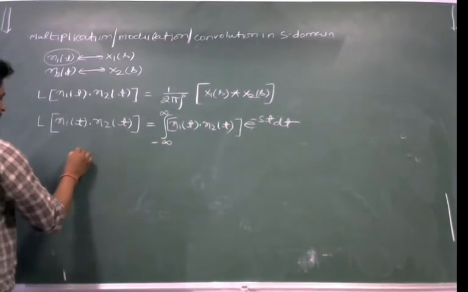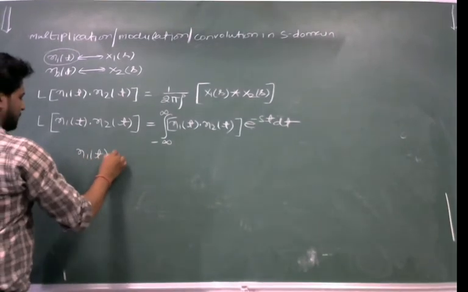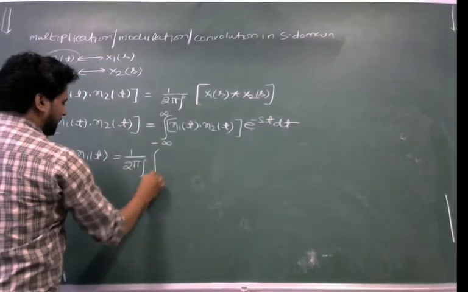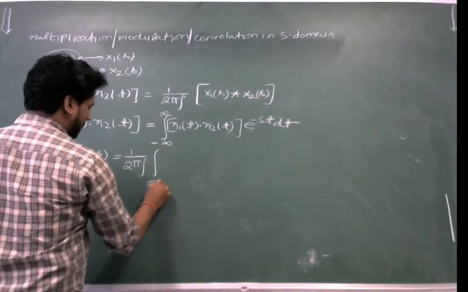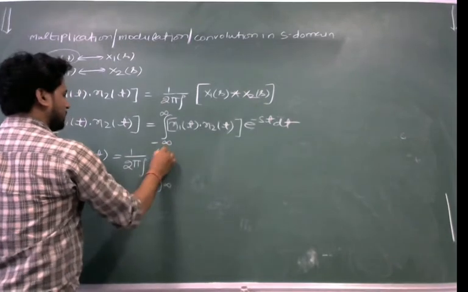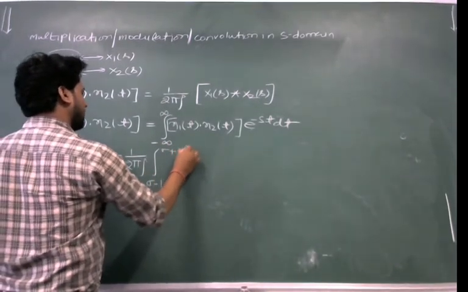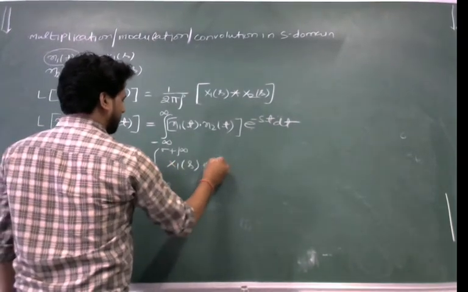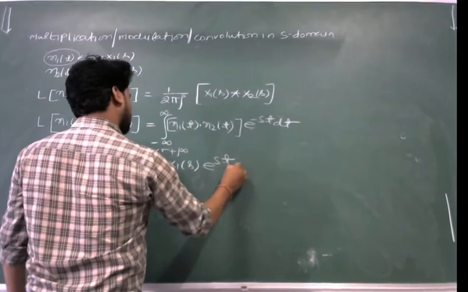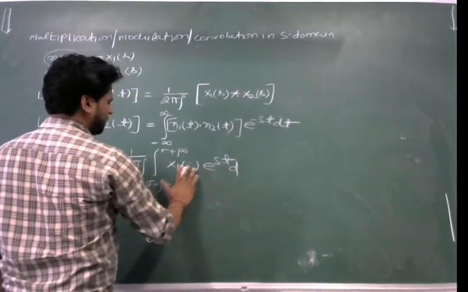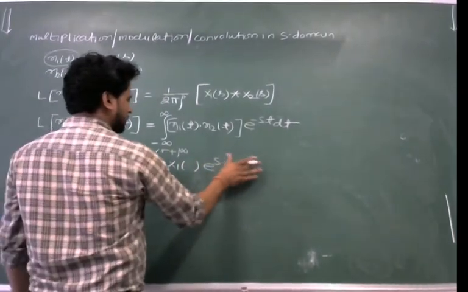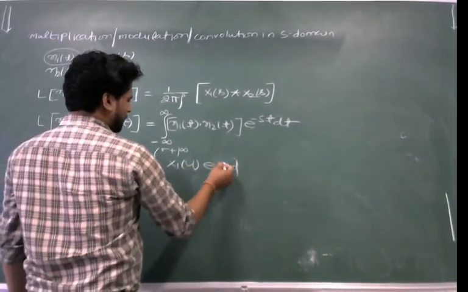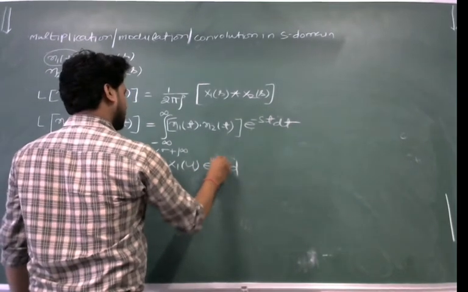So in place of x1(t), I can put 1 upon 2 pi j integration from sigma minus j infinity to sigma plus j infinity of X1(s) e power st ds, or we can assume some other variable in place of s and write X1(u) e power ut du.